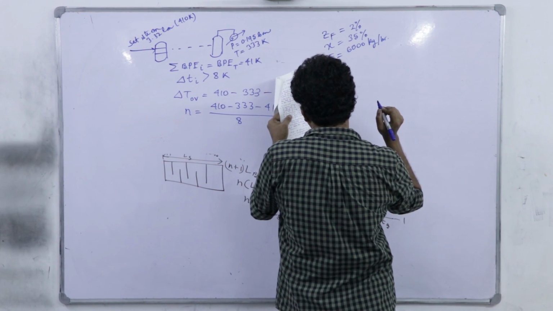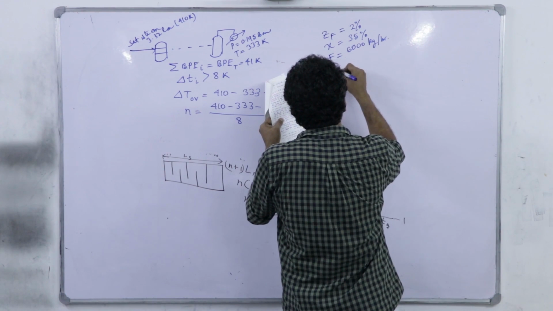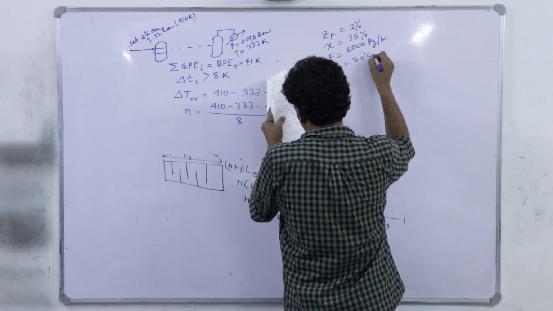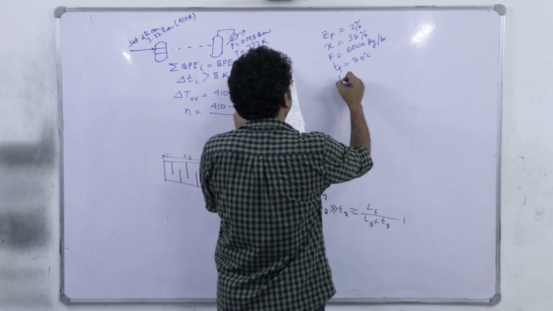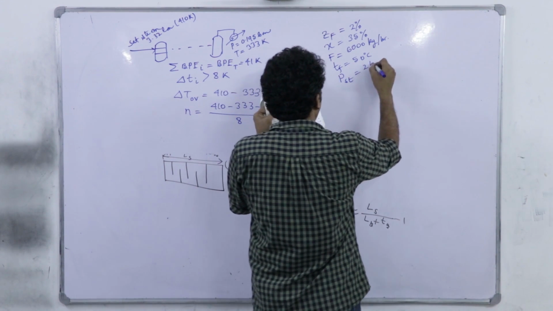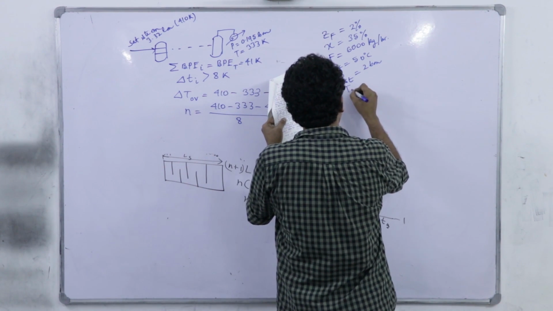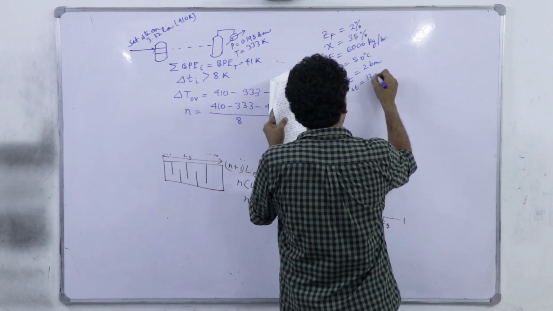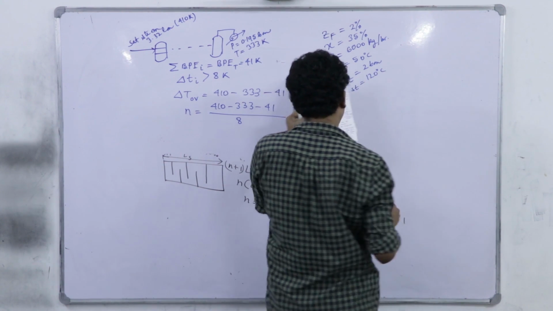The dilute feed at TF equal to 50 degrees Celsius enters the first effect. Saturated steam, P steam is 2 bar and T steam is 120 degrees Celsius.